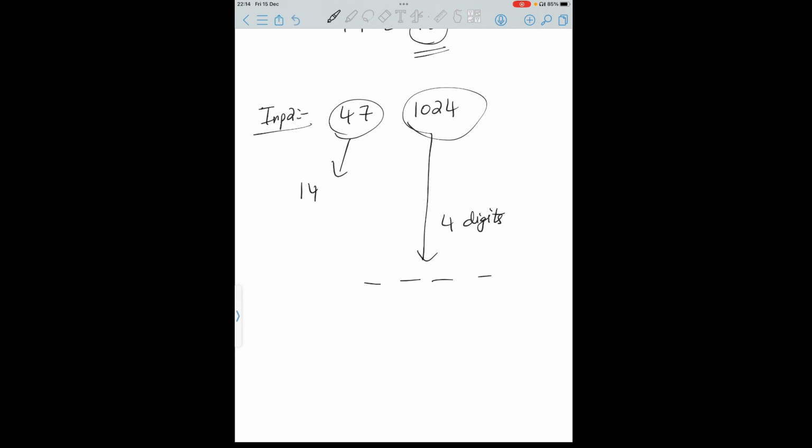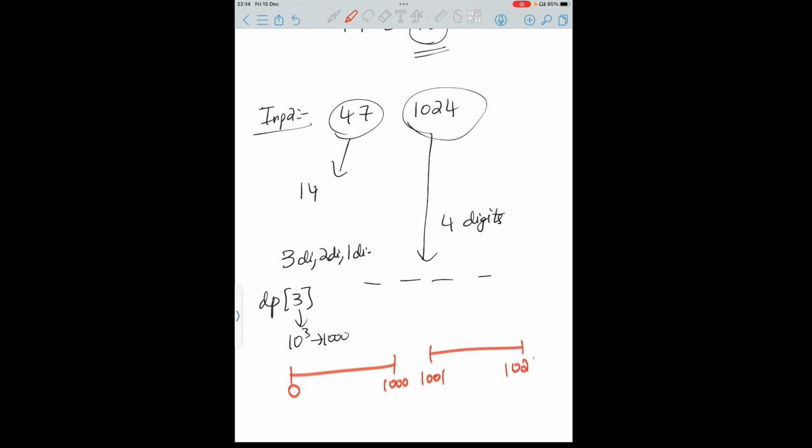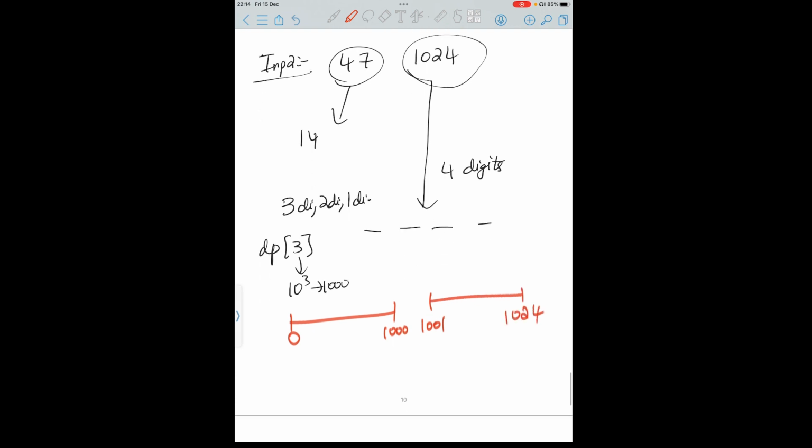You don't have to worry about three-digit, two-digit, or one-digit numbers because they are already calculated and available in DP of 3, that is 10 cube, 1000. We know the number of such numbers from 0 to 1000, we just have to calculate from 1001 to 1024 how many such integers there are.